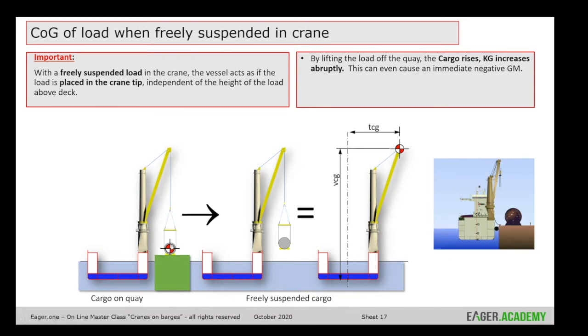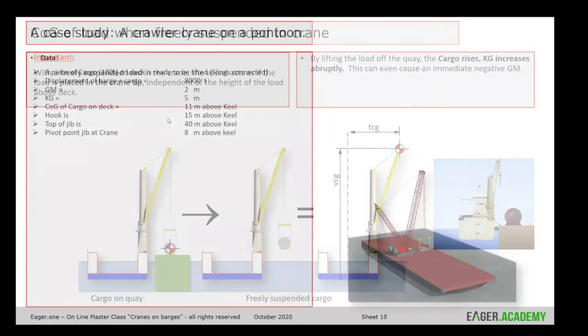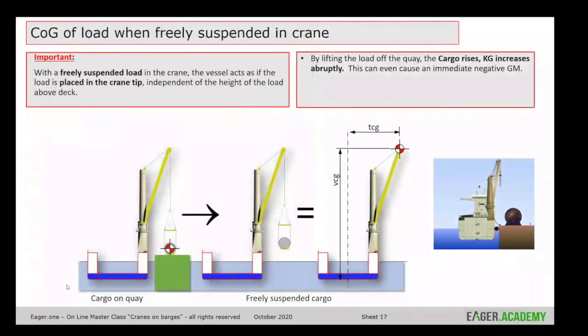And it is important to understand how this is going to work, because if you have this situation with the cargo on the quay, you have a stable situation whereby the center of gravity of the load is on this position.